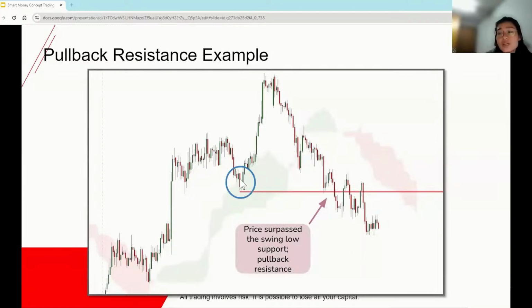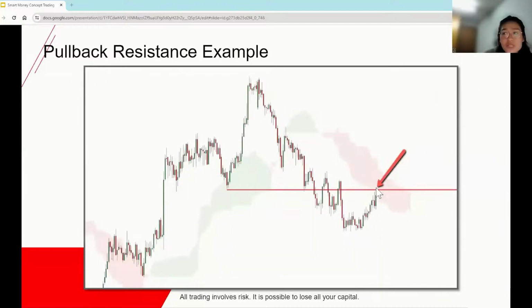So this is what it'll look like on an actual chart. So we have a swing low here. Price surpasses our swing low support, then now becoming a pullback resistance, and you can see price pulling back to that level. And we're using this in combination with our Ichimoku indicator, because like I mentioned earlier, we want to make sure that we use as many indicators as we can that support our analysis.